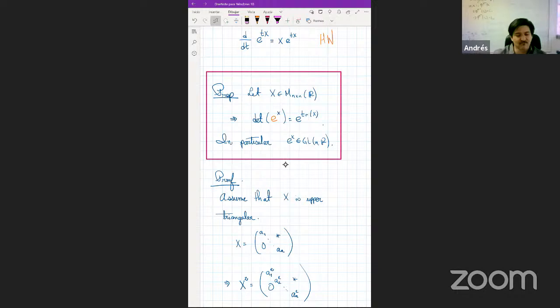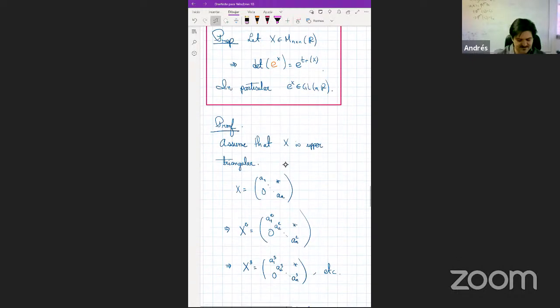It's more complicated, and I don't care. What can you tell me about X cubed? Correct? And so on, right? So X to the n, I know the values on the diagonal, and that's it. Below that is 0, above, I don't know.